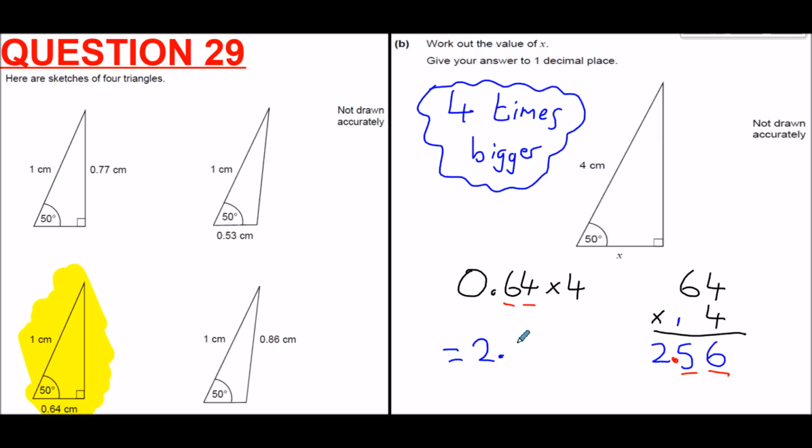2.56. But if we read the question carefully, we need to give our answer to 1 decimal place. And so we're going to round it off at 2.5. It's either going to be 2.5 or 2.6 if it rounds up. Now, next to the 5 is a 6. Because 6 is 5 or more, this 5 will round up to 2.6.